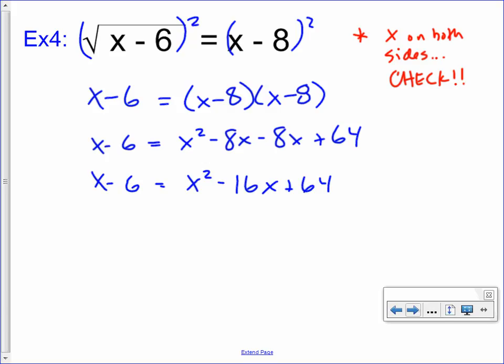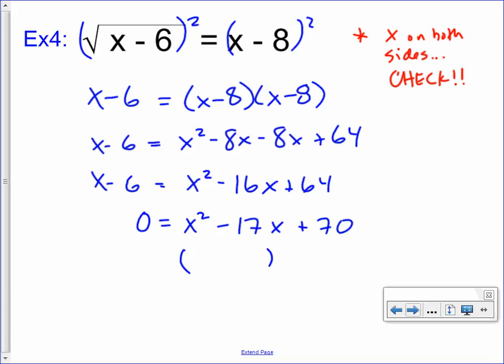Okay. Set it equal to 0. That's why it was on your test, to keep reminding you. Set it equal to 0. X squared, solving for a square? Heavens, yes. Take away another x, so 17. Add 6, 70, equals 0.